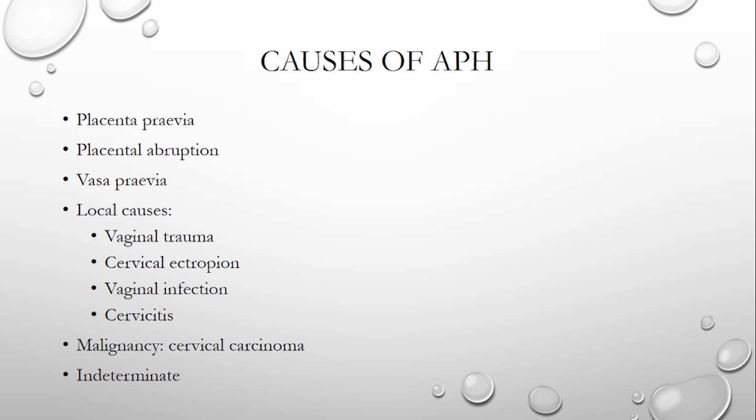These local causes could be vaginal trauma. A trauma to the cervix can cause some degree of bleeding in pregnancy. Then there is cervical ectropion.